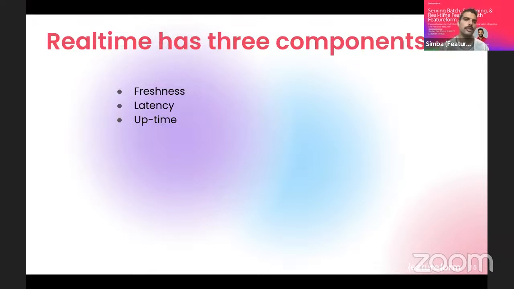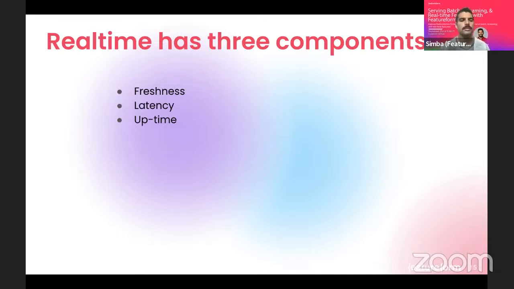When you think of feature freshness, it's how up to date is this feature value? And then there's latency. So on one end, before it gets to the cache, what's the freshness? And on the other end, it's latency: I'm serving this feature, my model has to make a prediction within 50 milliseconds. How many of those milliseconds do I spend waiting for the feature value to get to the model? So I would frame those as two different things.